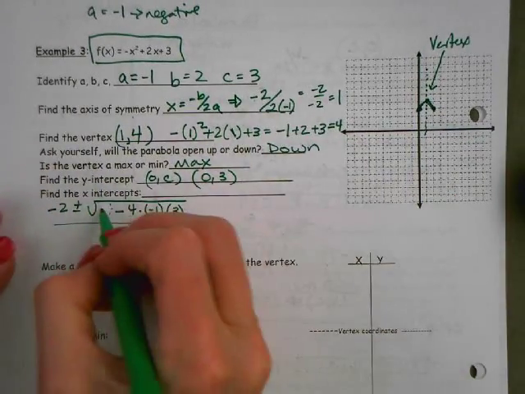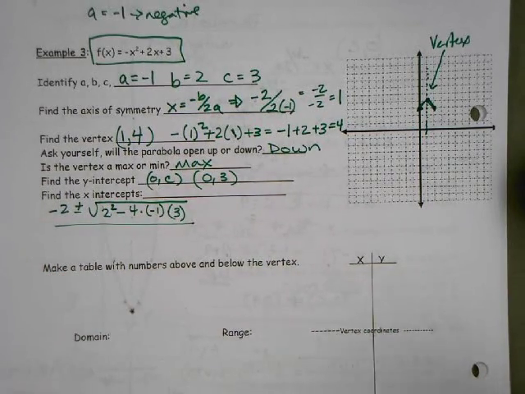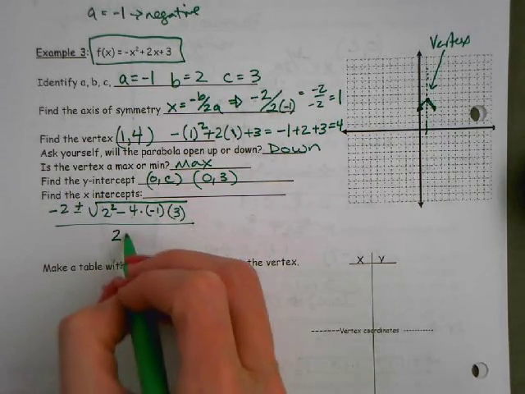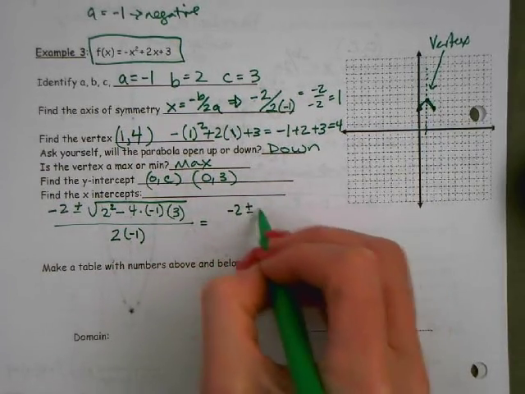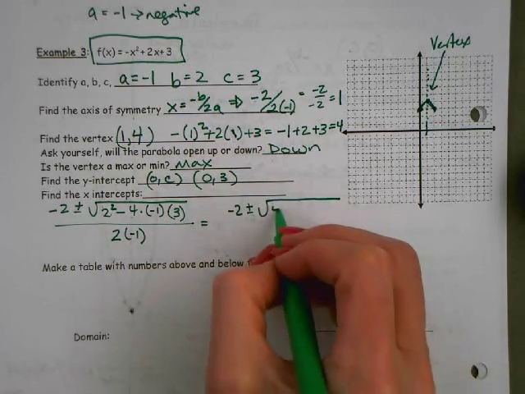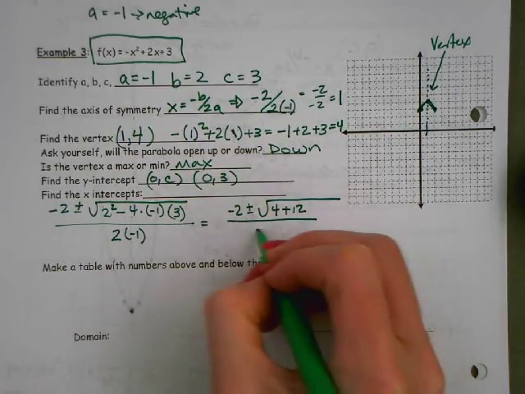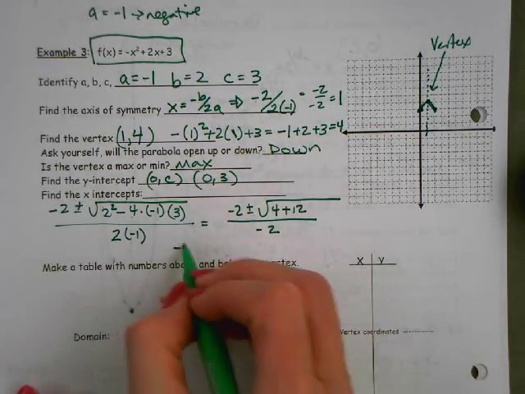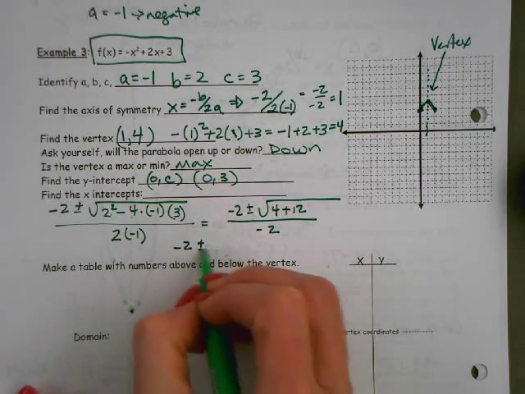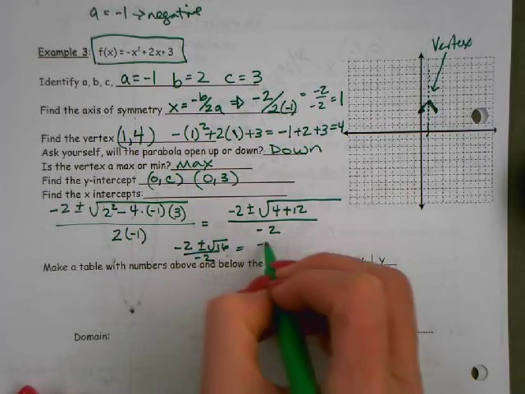Does that make it feel better? All over 2 times a, which is negative 1. So I get negative 2 plus or minus the square root of 4 plus 12, all over negative 2. That's negative 2 plus or minus the square root of 16 over negative 2, which is negative 2 plus or minus 4 all over negative 2.